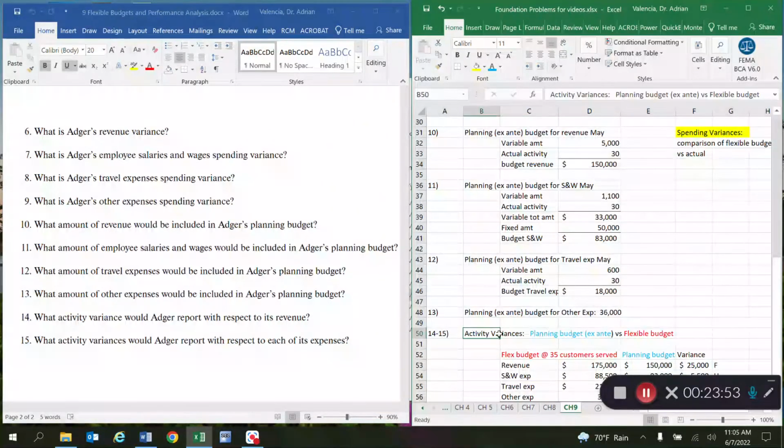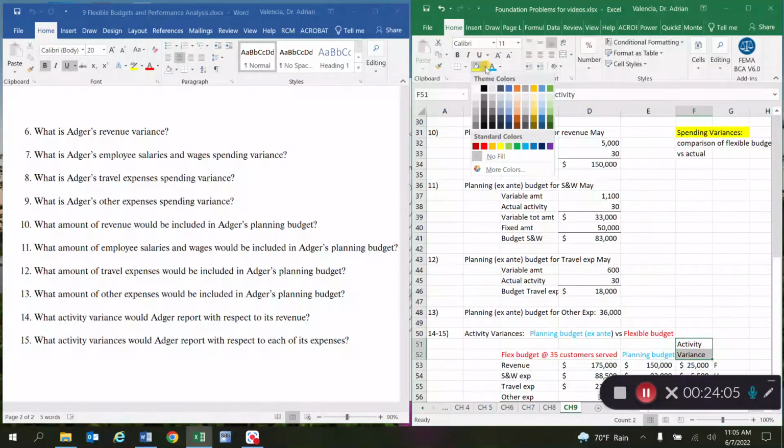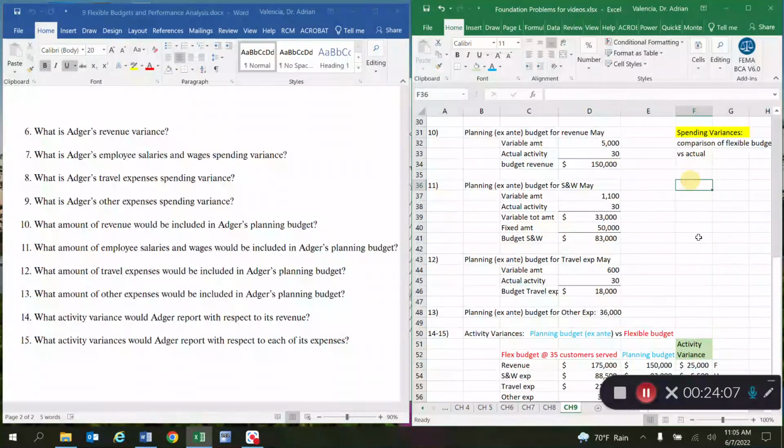And then your activity variances, let me highlight them in a different color, those are going to be a comparison of your flexible budget versus the planning budget.